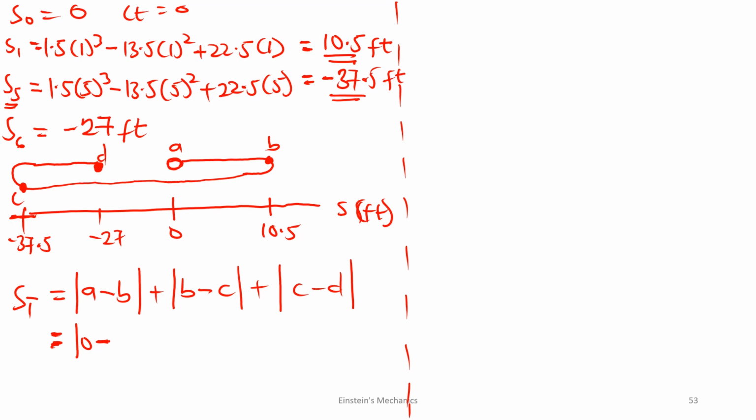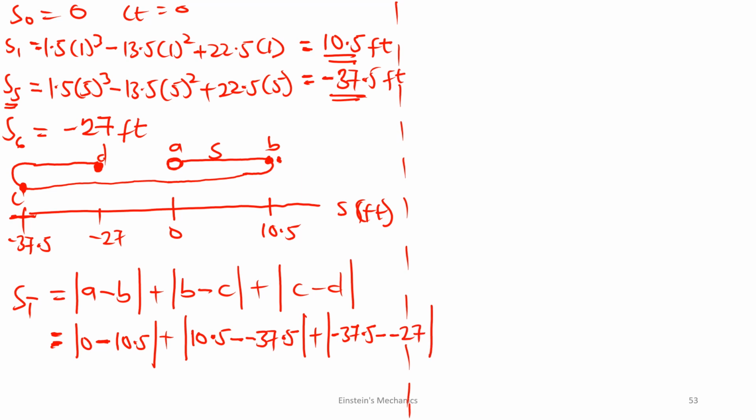This is position from here to that. So to B at 1, that is 10.5, minus 0, plus the difference between B and C: 10.5 minus, at C, which is 5, negative 37.5. Is that true? Yes. At C, it is negative 37.5, minus at D, which is negative 27.